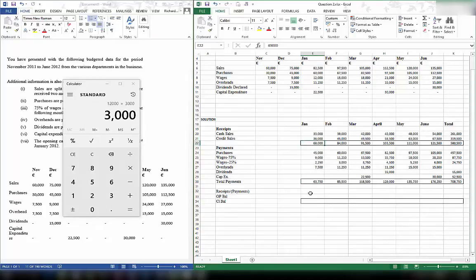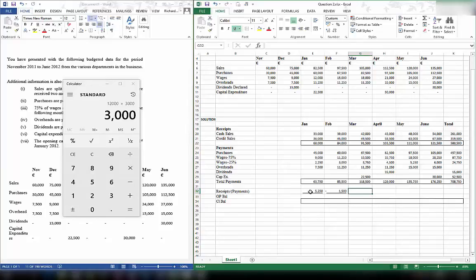So our 69,000 minus our 63,750 leaves us with 5,250. It's a positive. In February, we had a negative of 1,500, so 84,000 minus 85,500.